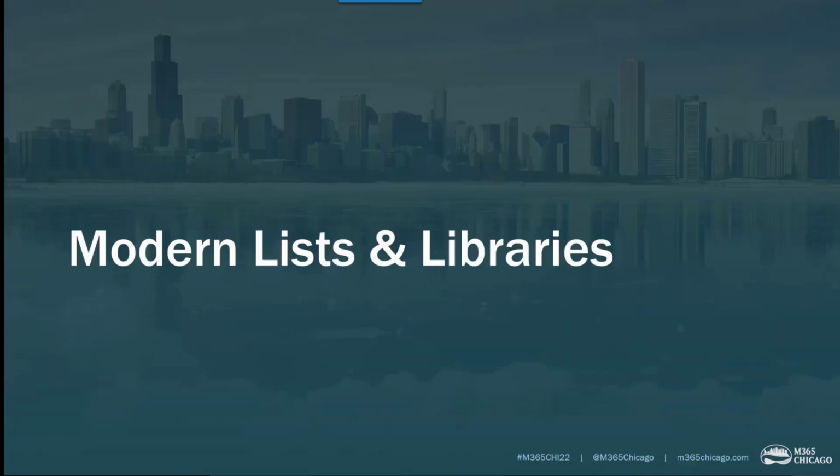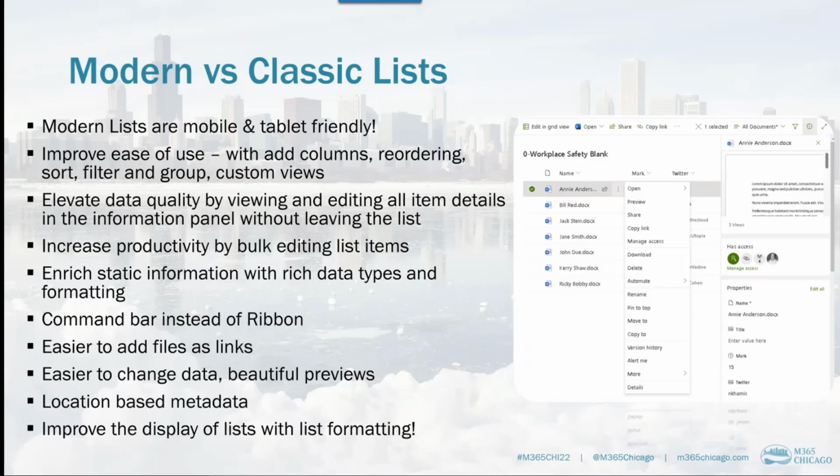So let's talk a little bit first about modern lists and libraries. If you're coming from the SharePoint Classic world, what I mean by that is old versions of SharePoint, SharePoint 2016, 2013, 2010, it's been there for a long time, and you're used to it working in a certain way.